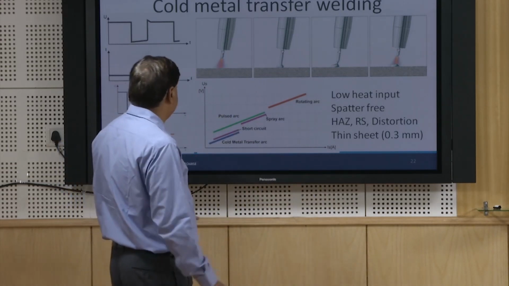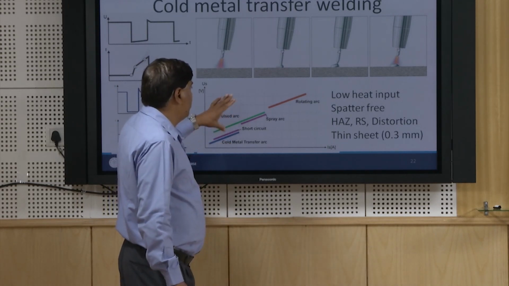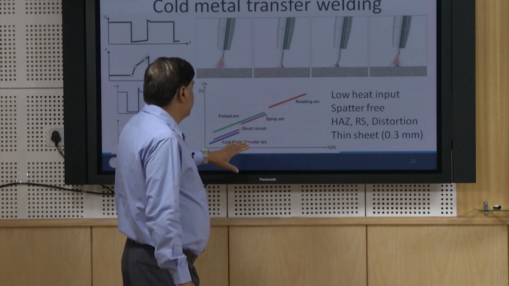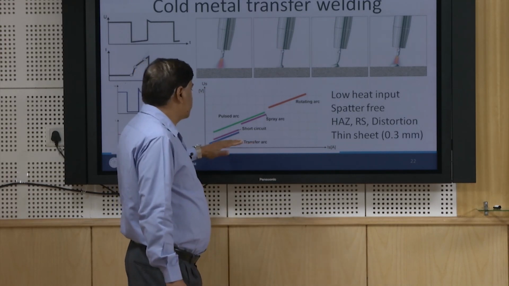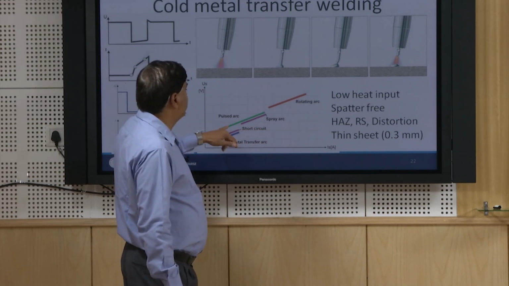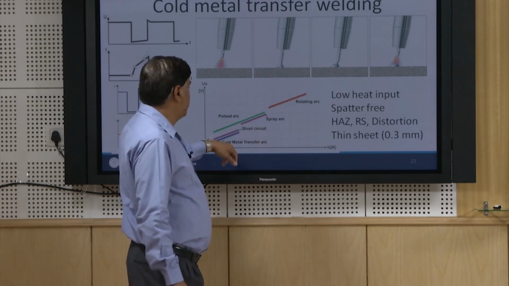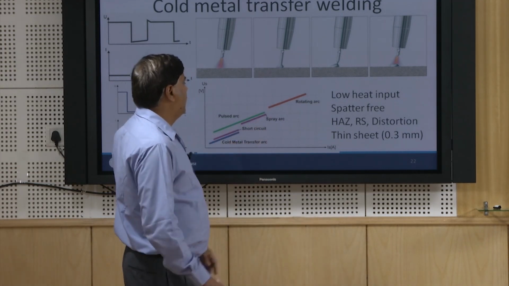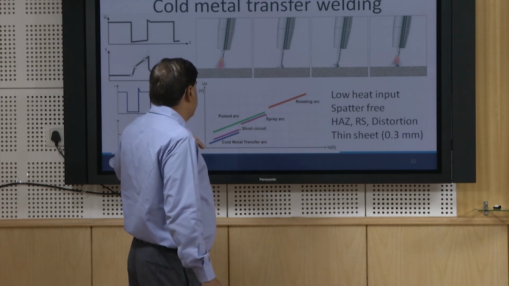If we see the conditions where cold metal transfer arc welding exists, it is lower than short circuiting transfer, pulse arc, and spray rotating arc, as far as welding current, speed and voltage are concerned.